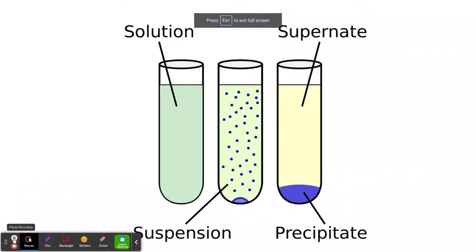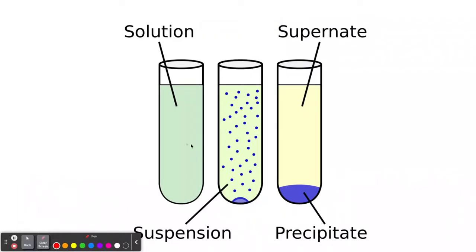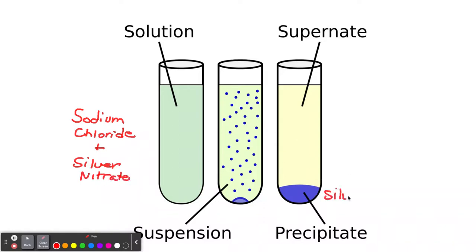Here's a better picture. So here we have a solution. Let's say you had a solution of sodium chloride, which is table salt. And then you mixed it with silver nitrate, both liquids. If you mix this, in the end, you will have silver chloride.